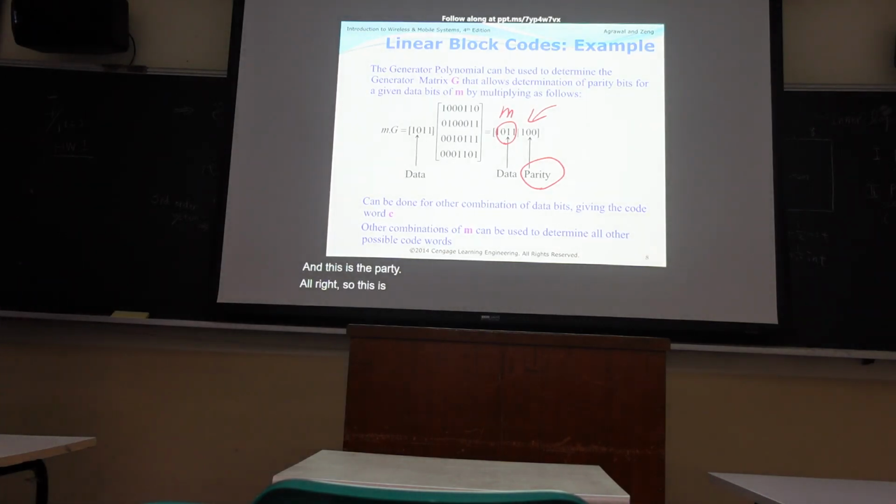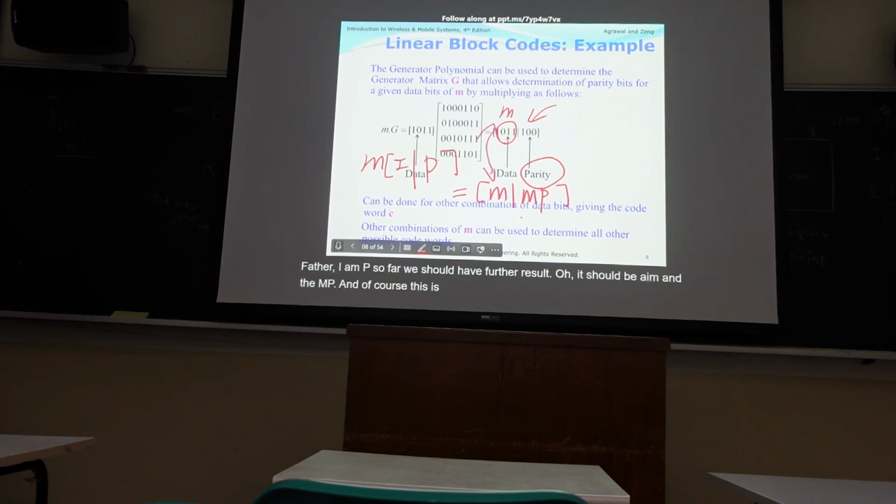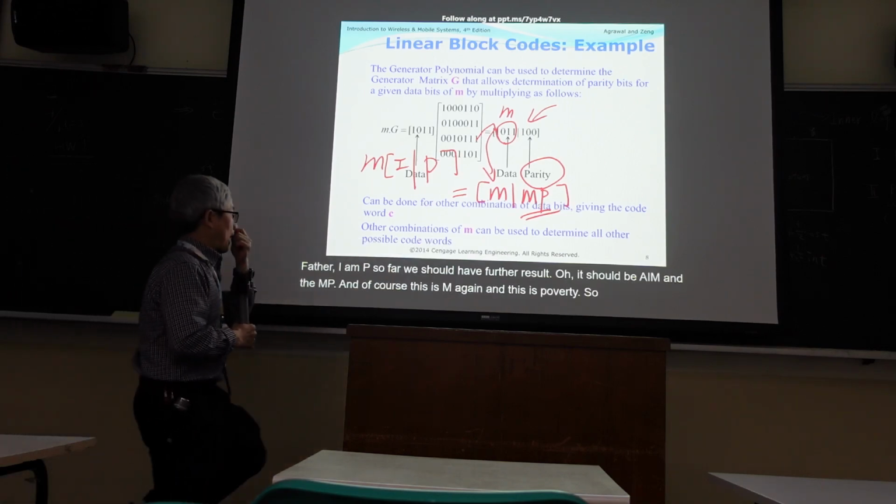So if we have the message, following I and P, we should have the result: the message again, and this is the parity. So the message multiplied by P results in the parity bits.